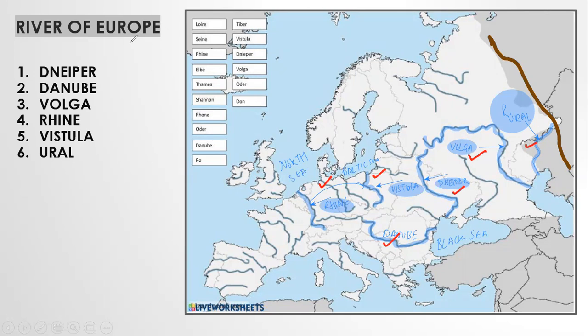Okay. So if you want to learn, Dnieper falls into Black Sea. Danube falls into Black Sea. You just have to learn. For these two rivers, you have to move from right to left. Volga, Caspian Sea.